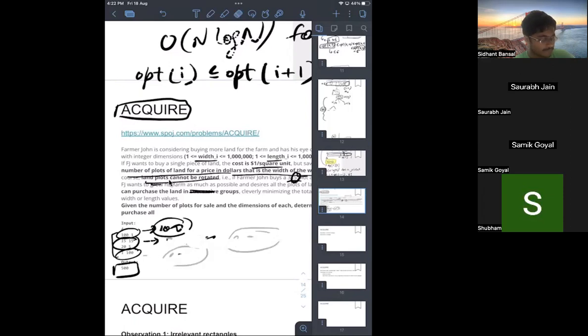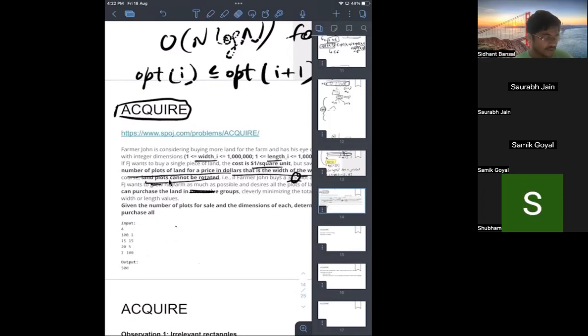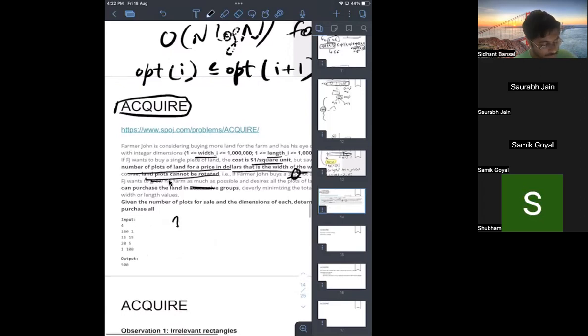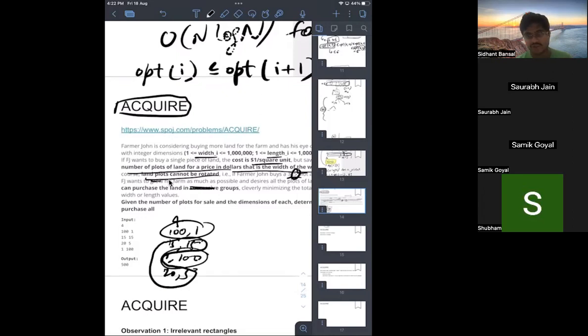I'd use the word divide into subsets such that the union of all the subsets is the entire thing. If the input was 4, 100, 1, 15, 15, 1, 100, and 20, 5, the answer would remain the same because you could still do 101 as one group, 15, 5, and 25 as one group, and 1, 100 as the third group. Notice the order of the lands does not matter. That's what I'm trying to bring home.